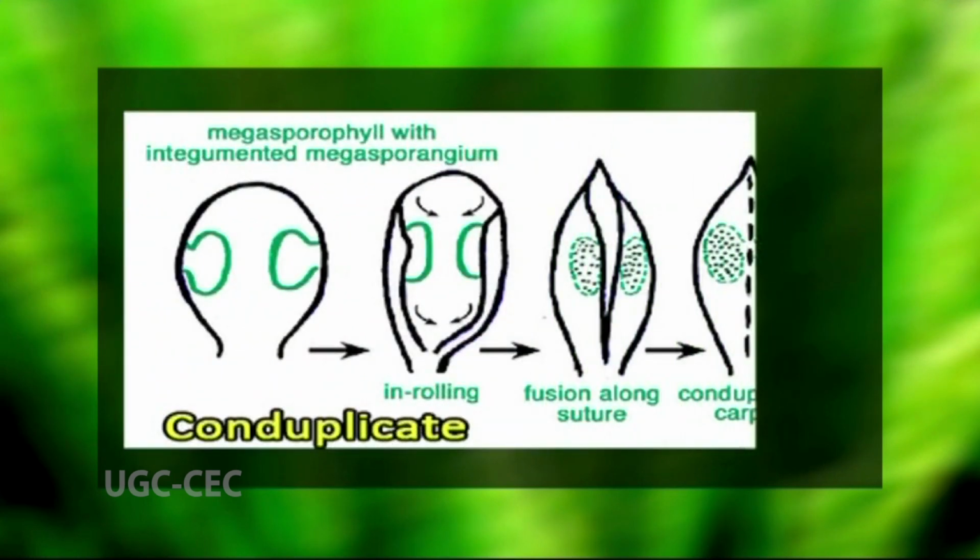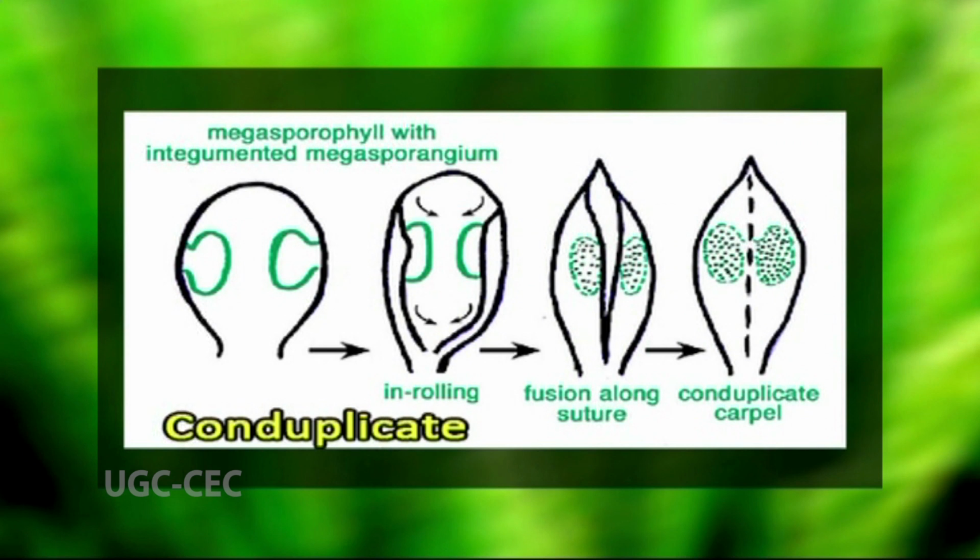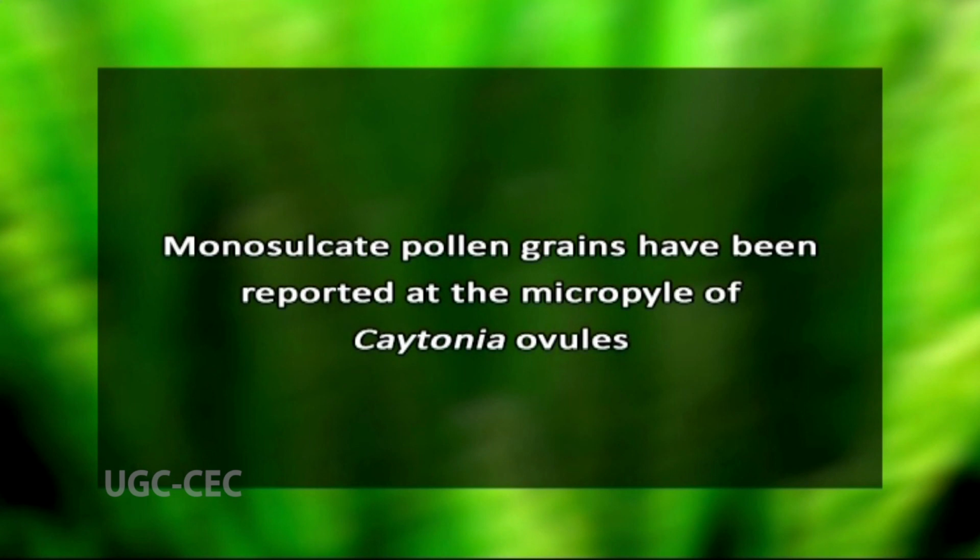However, it differs in having a conduplicate megasporophyll which bears ovules along its 2 margins. Additionally, monosulcate pollen grains have been reported at the micropyle of Caytonia ovules.